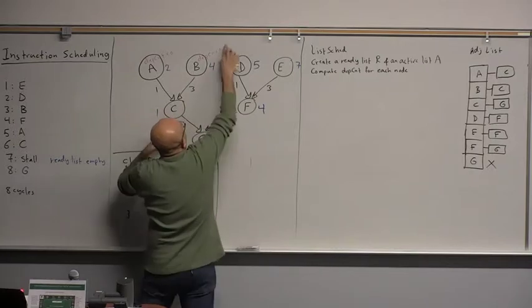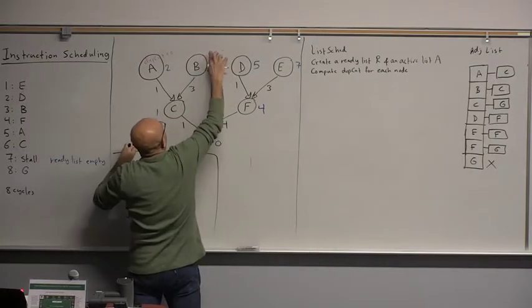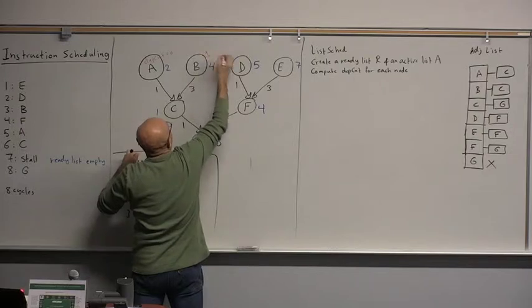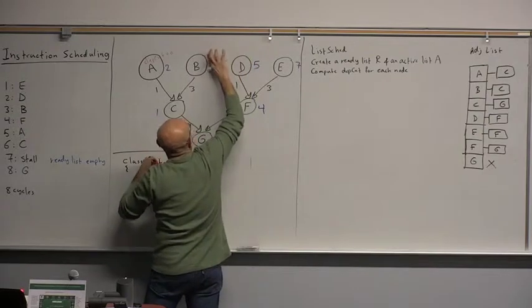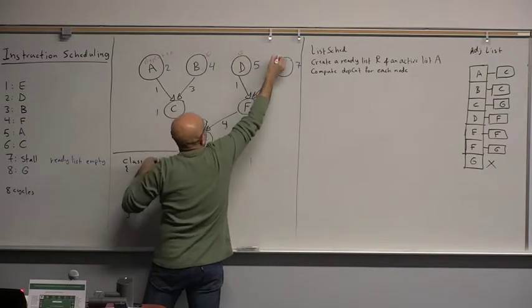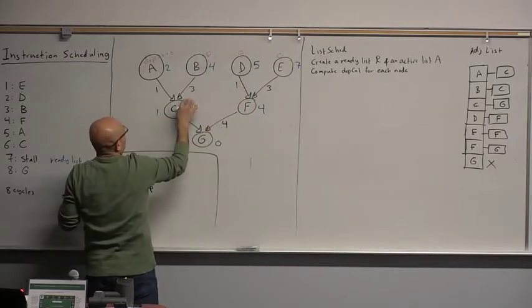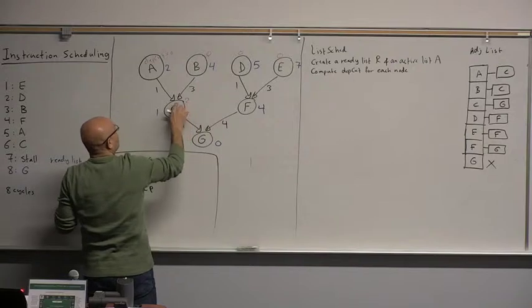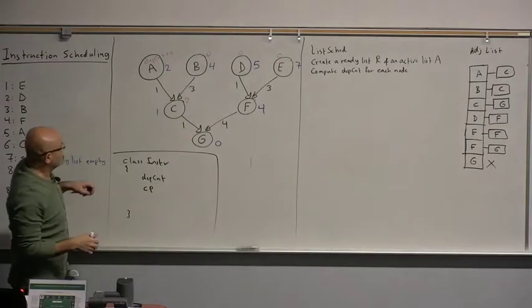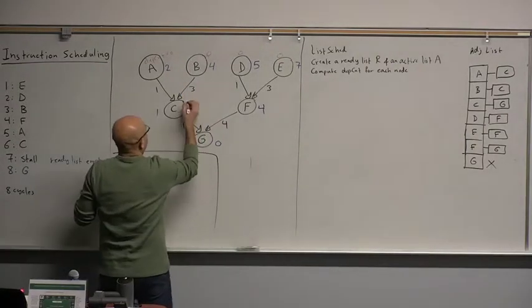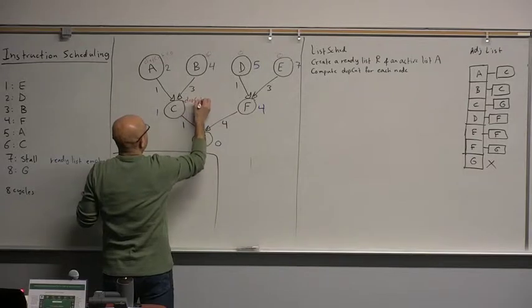So here it's 0. For this it's 1. For this it's 0, 0, 0. For C, the dep count is 1. No, 2. It's dependent on 2 other nodes. Okay, so dep count equals 2.